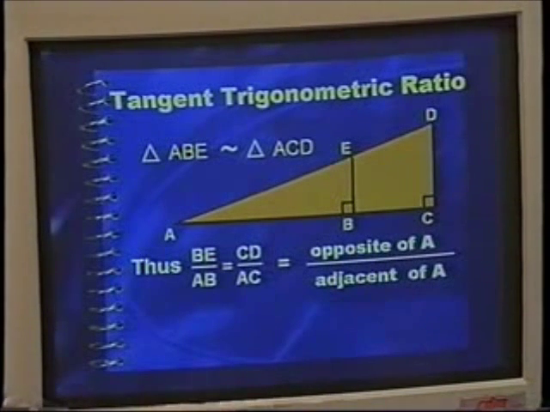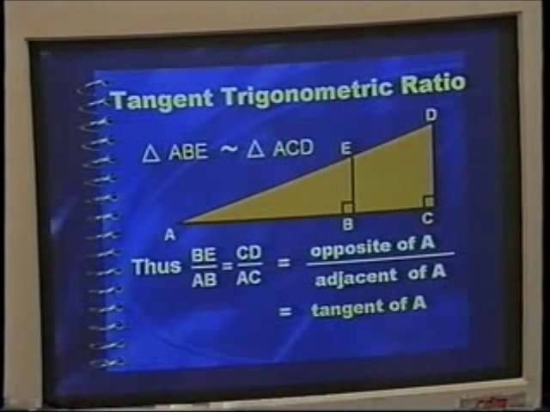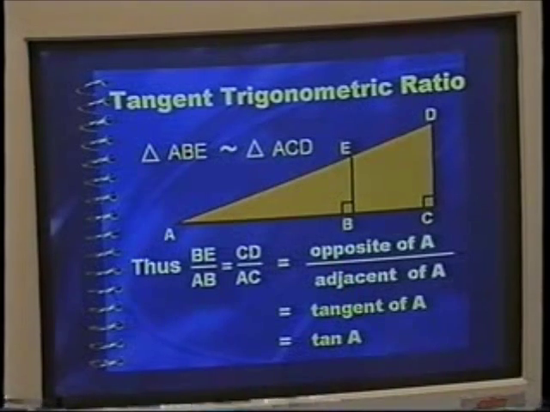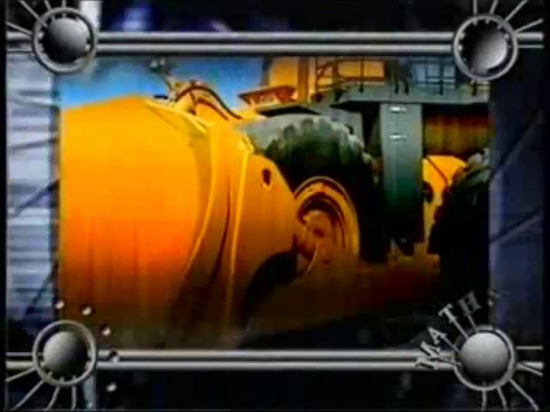That is written down here, opposite of A over the adjacent of A. That is called the tangent of A, abbreviated tan A. Now, there are then 3 of those ratios, sine, cosine and tangent. Generally, we use the tangent a lot in engineering problems. Now, when we come back, we'll have a look at some practical problems on how to find angles and also side length using those ratios.